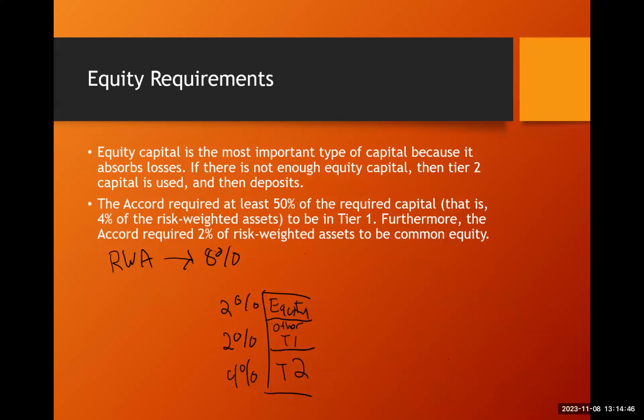And then equity at the top is 2%. So this is how it's broken down. Half of the required capital has to be tier 1, and half of the tier 1 capital has to be equity.